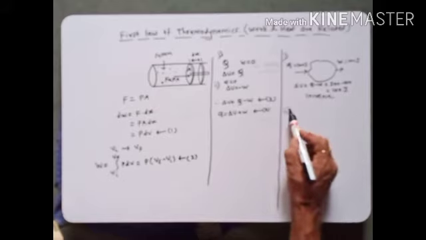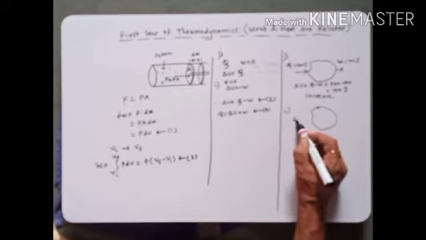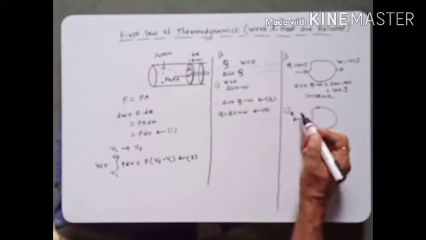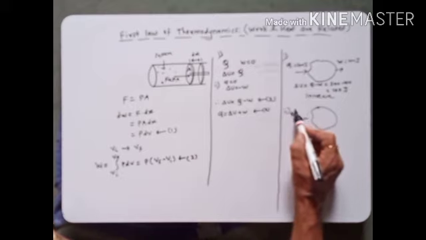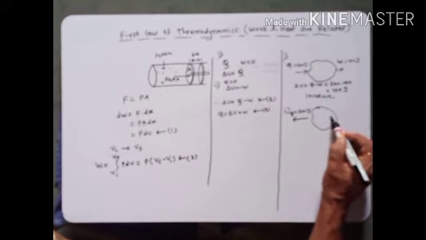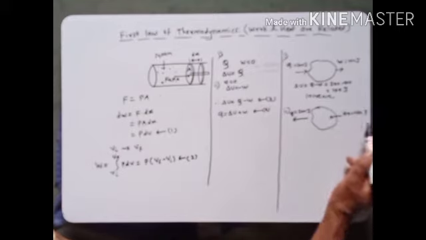Now we consider the second case. Suppose this is the system and heat is taken from the system. That means Q is equal to 200 joules and H is equal to minus 100 joules.